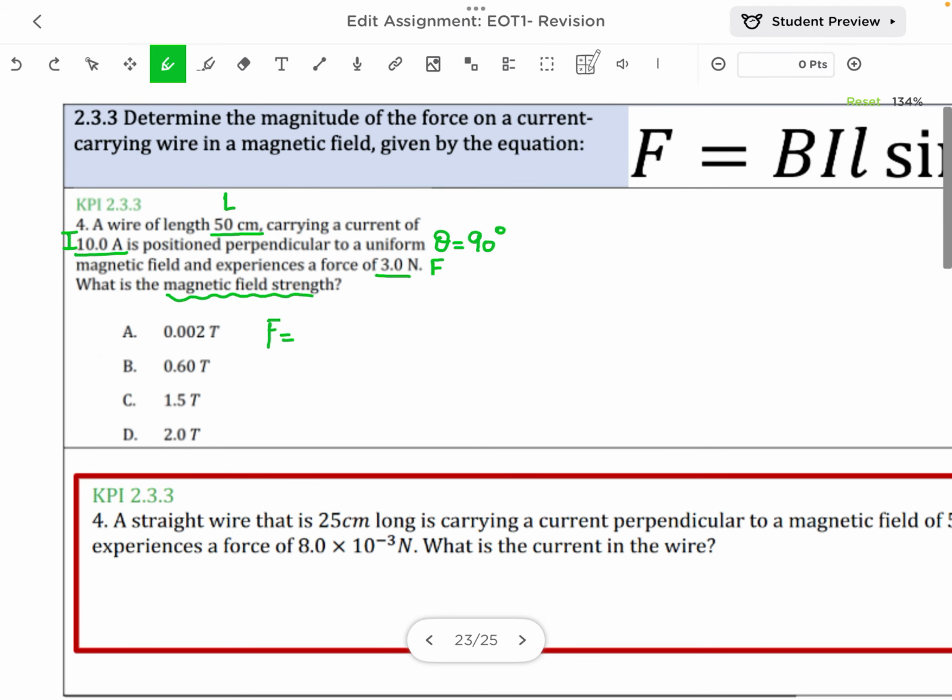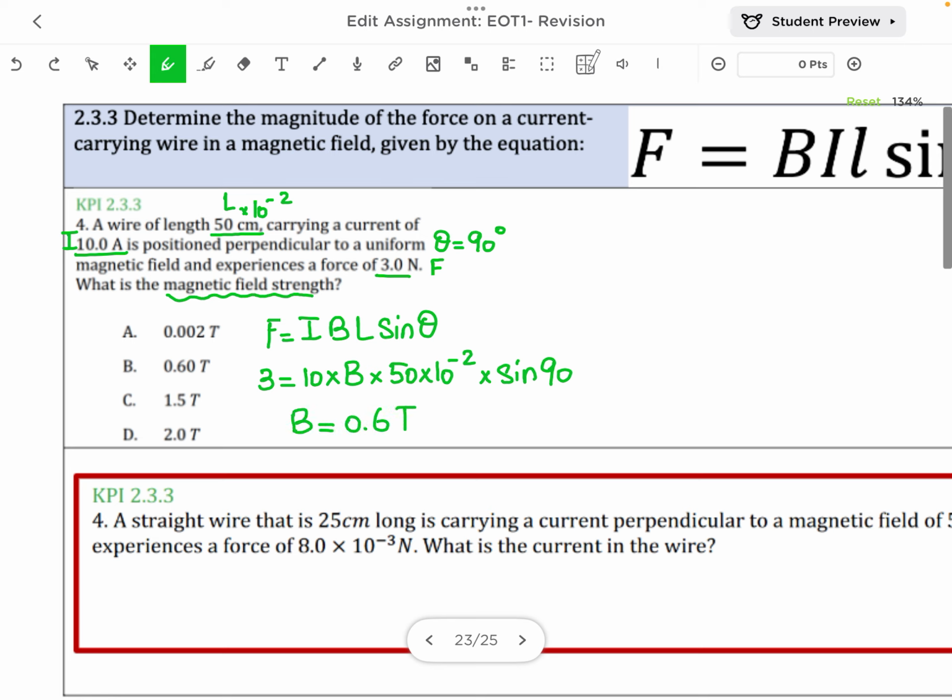So F equals I B L sine of the angle. 3 equals 10 times B. However, here I don't forget to convert. So it is 50 10 to the power negative 2 times sine of 90. So B is 0.6 Tesla.